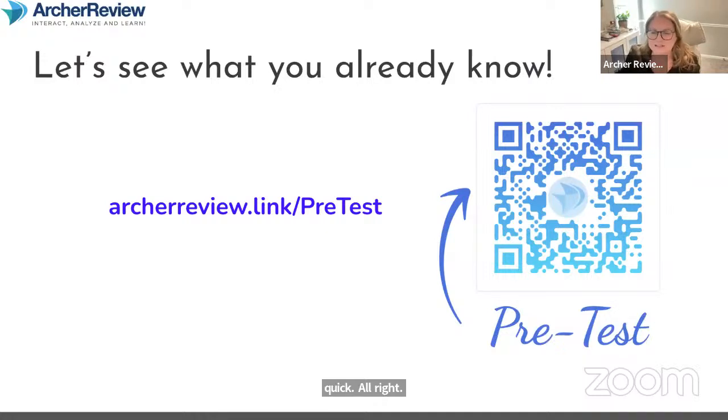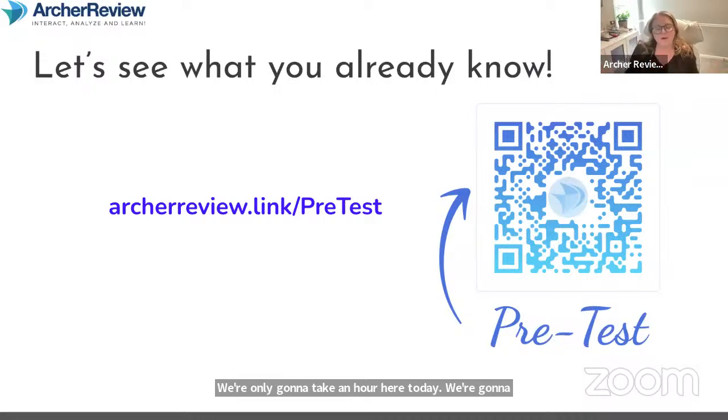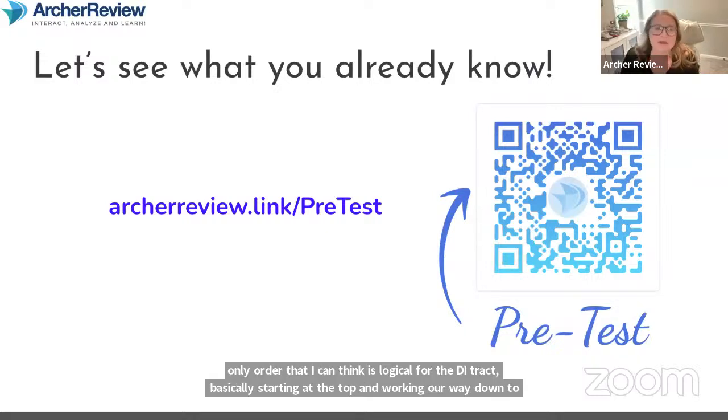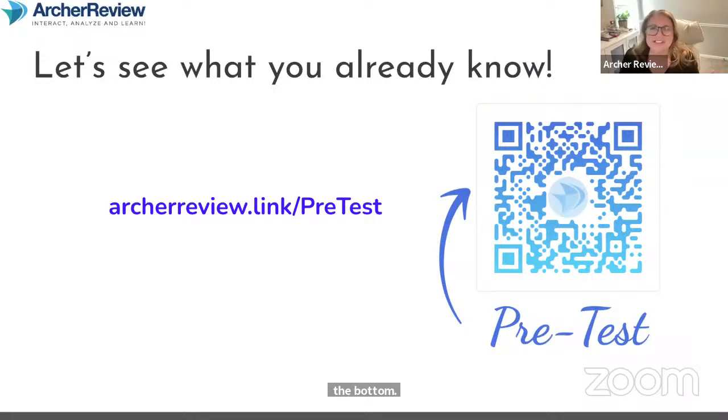Nice work. As you're finishing up that pre-test, let me give you the lay of the land for how we're going to walk through this lecture. We're only going to take an hour today, so we're going to knock it out really quick. We'll go in the only order that I can think is logical for the GI tract, basically starting at the top and working our way down to the bottom. We'll trace the path that maybe a sandwich would go through your GI tract.